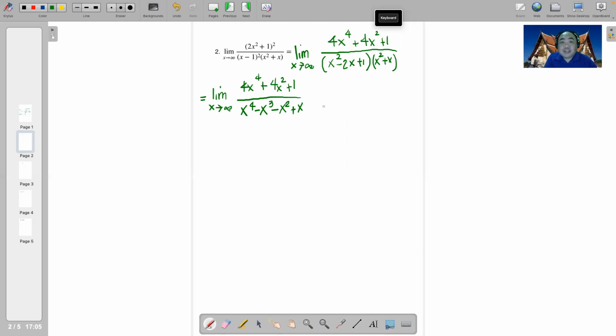Now it's easy for us to ask the same question. So, sir, what is the largest exponent with respect to x? It appears that it's x to the fourth. So because of that, we are going to multiply this with 1 divided by x to the fourth, divided by 1 over x to the fourth.